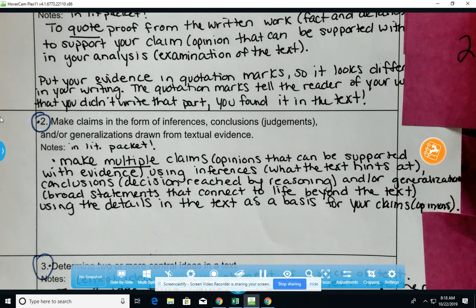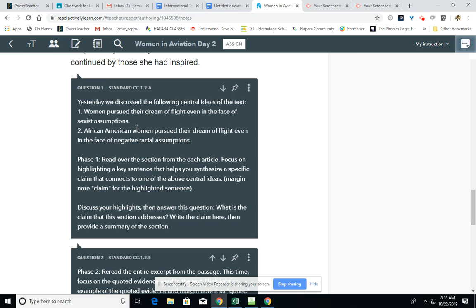We talked about how you sort of have to read through an entire section, synthesize, process it, and put what that claim is in your own words. All claims are going to connect back to our central ideas in the text. So that's why you want to make sure you think about what the section of the text today has to do with these 2 central ideas.